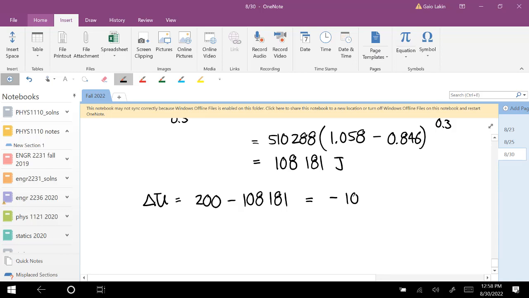Can you subtract that for me? Yeah, 107,981 joules. So there's a decrease in internal energy of the gas.